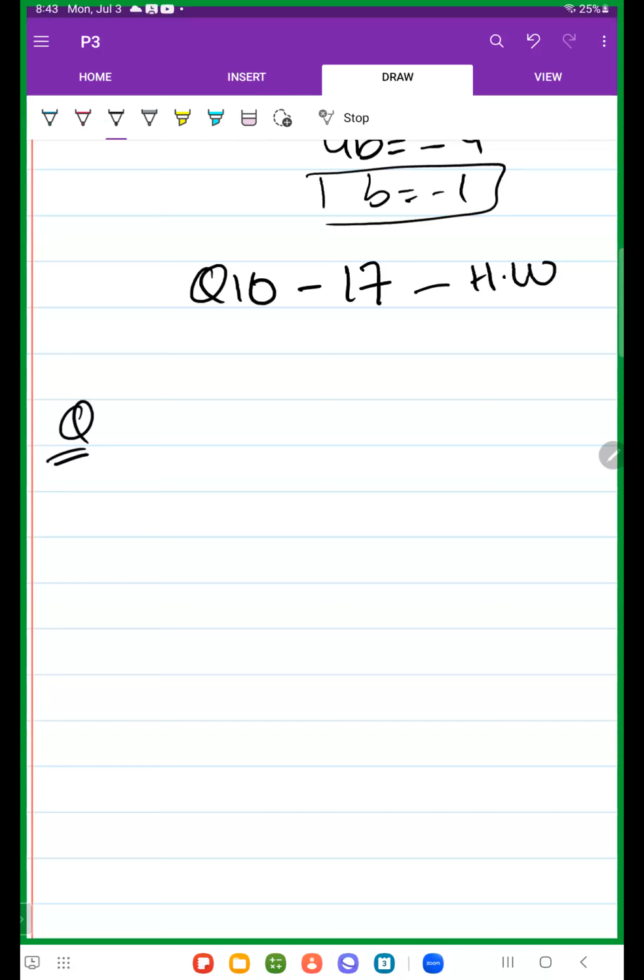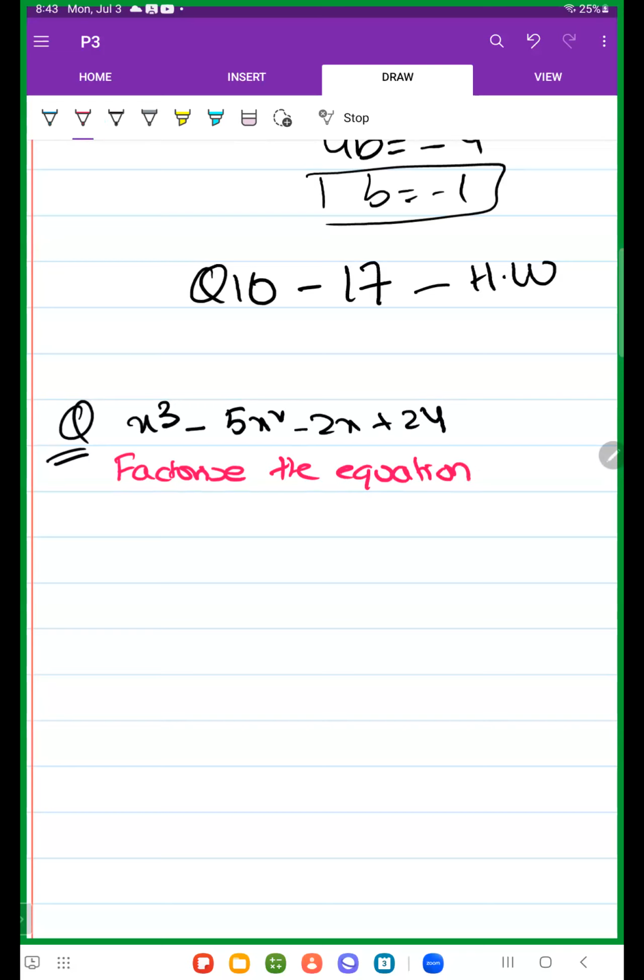So over here, you have a question: x cubed minus 5x squared minus 2x plus 24. This is a cubic equation. I want you to factorize it completely. The question will just say factorize the equation. How many factors do you think this equation will have? 3. 3 factors?